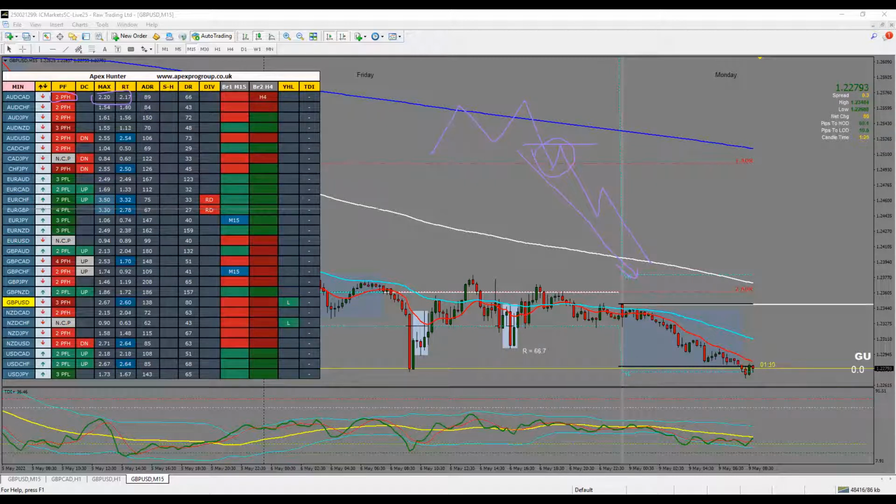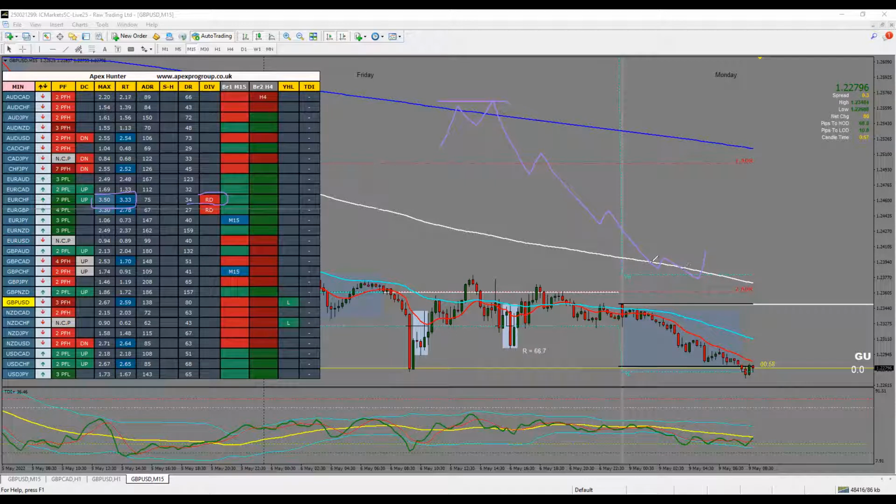However, if you look for pairs that have overextended their ADR and are highlighted, that means they've moved three ADR down from the previous peak high, and you see the divergence and stuff like that.